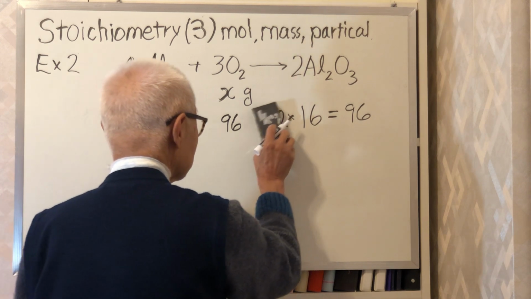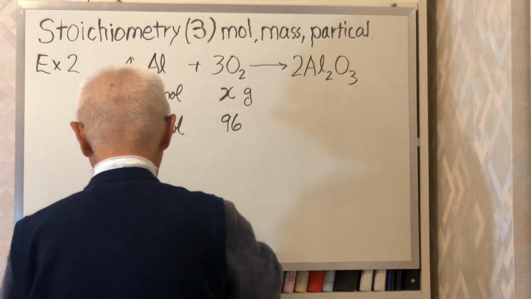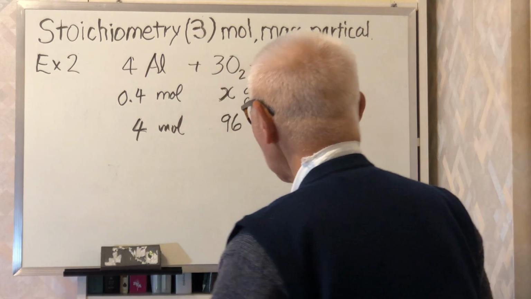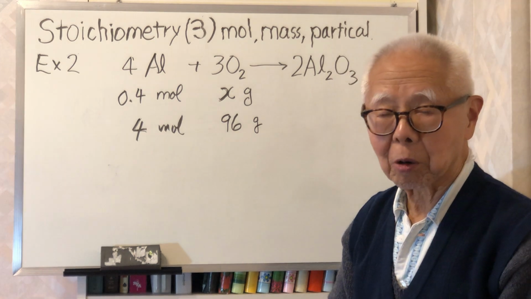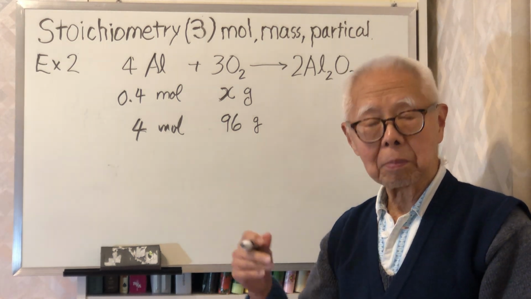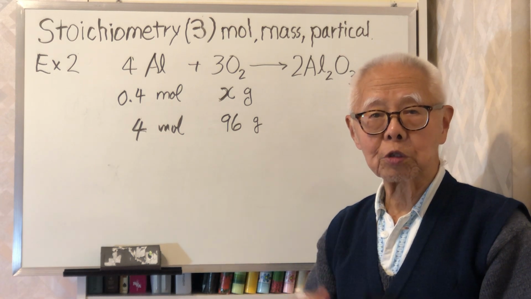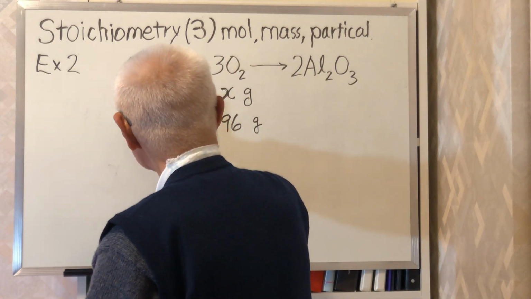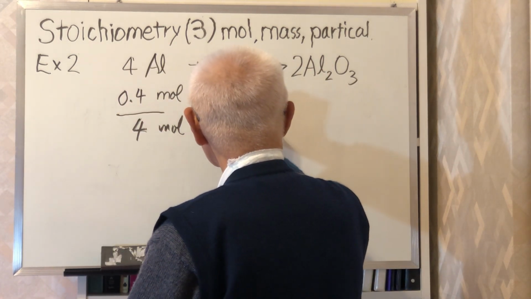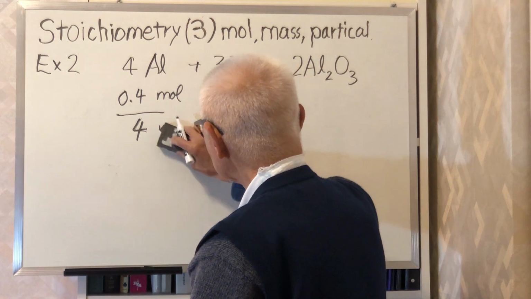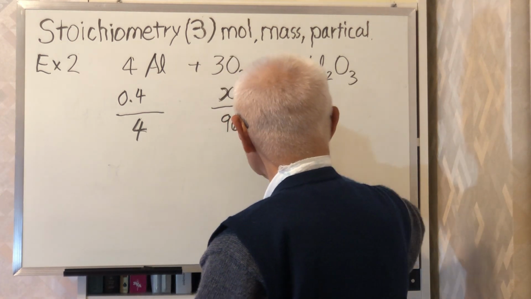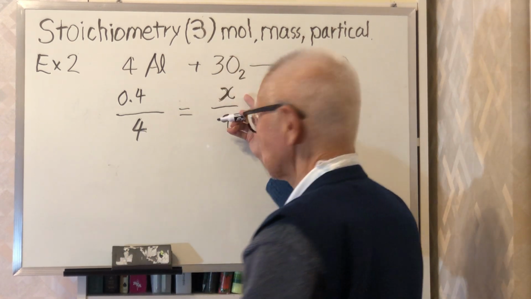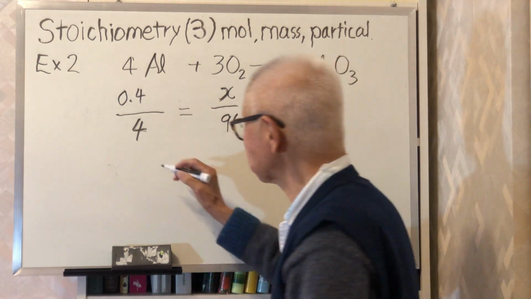Let me erase this. And this is gram. Now, just like the first example, I write the ratio, make the 2 ratios equal to each other, and solve for x. Erase the units in order to not confuse us.